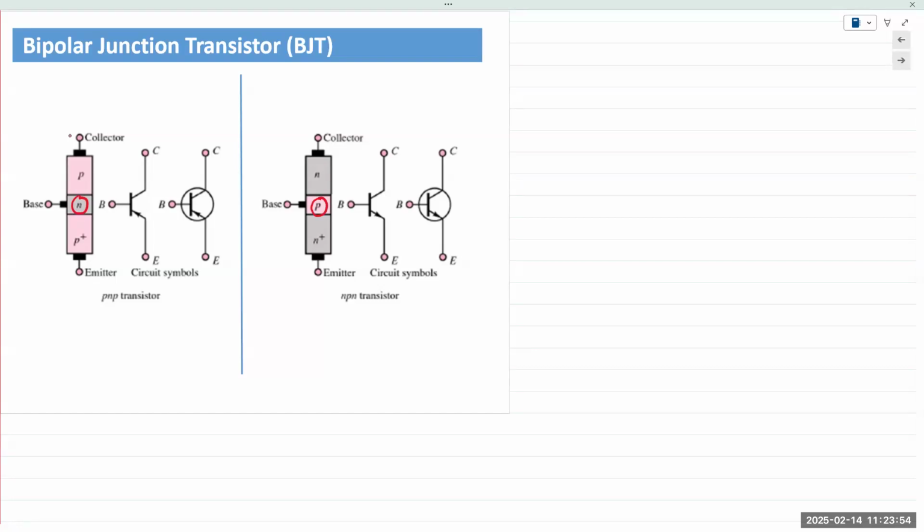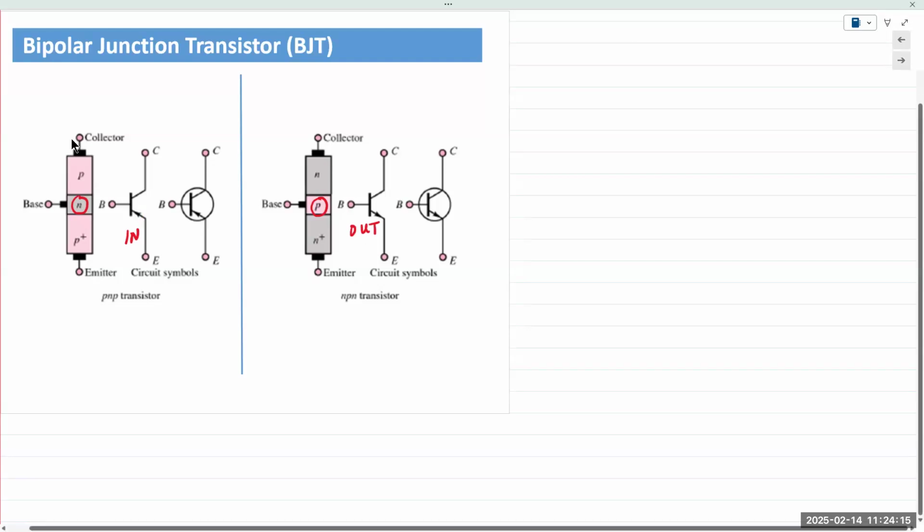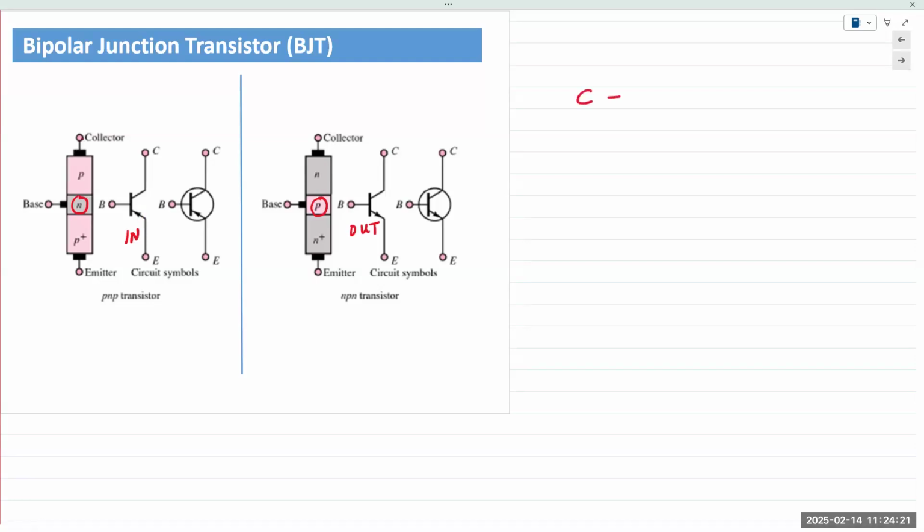And the symbol for both is shown. Depending on the current flow, if the arrow points in, it's a PNP. And if it points out, it's an NPN. The arrow notes the emitter terminal, and we'll talk about all those terminals in just a little bit. C stands for collector, B stands for base, E stands for emitter.